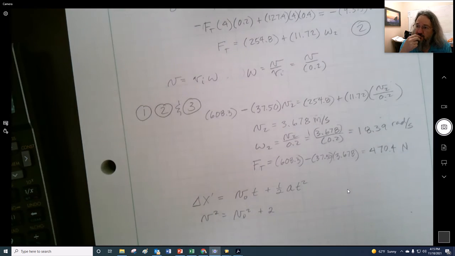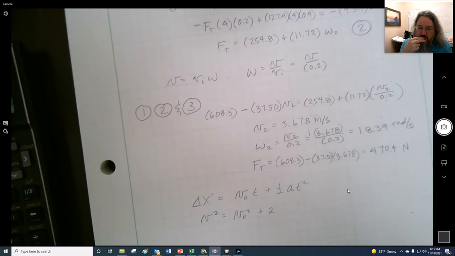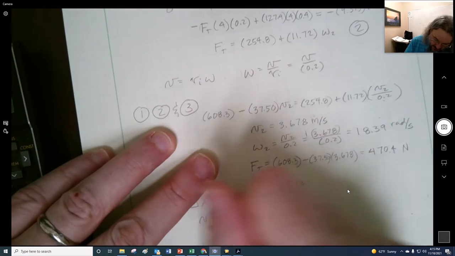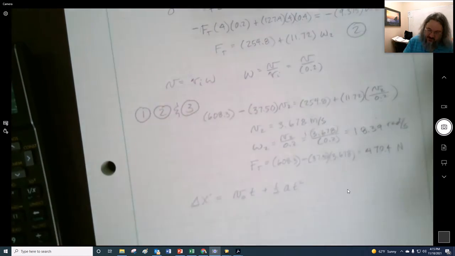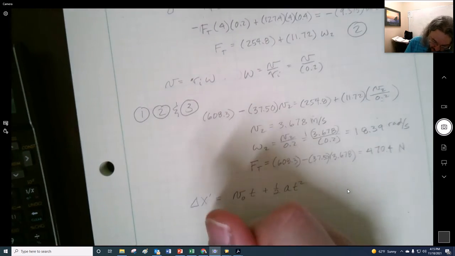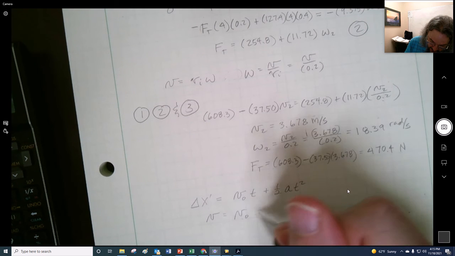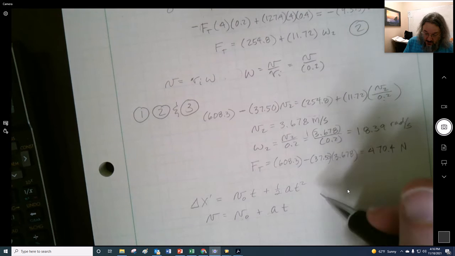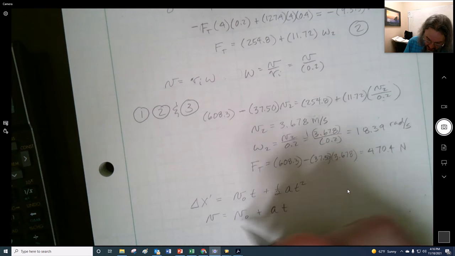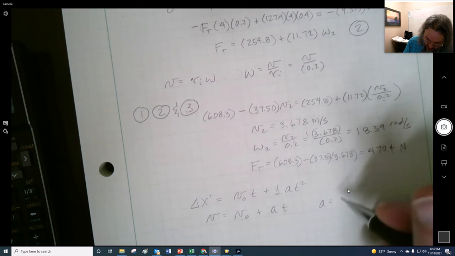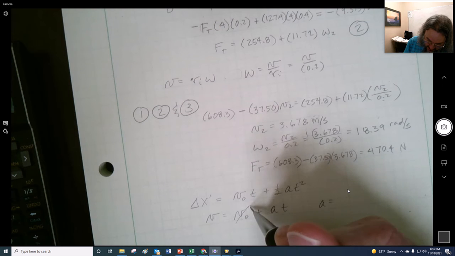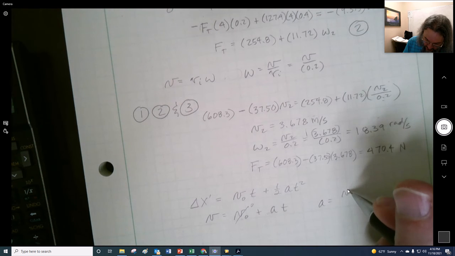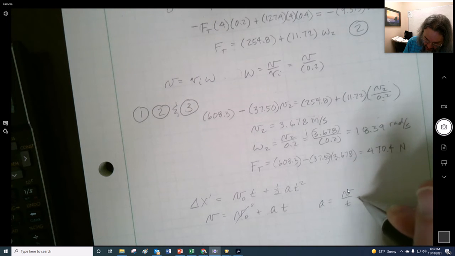Let me think about something. No, we have to do the simplest thing. Velocity is equal to initial velocity plus acceleration times time, right? So we can find the acceleration, because the initial velocity is 0, it's just velocity divided by time.